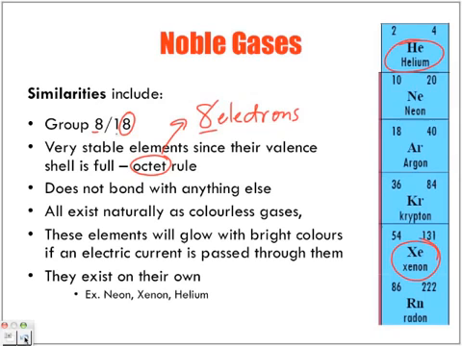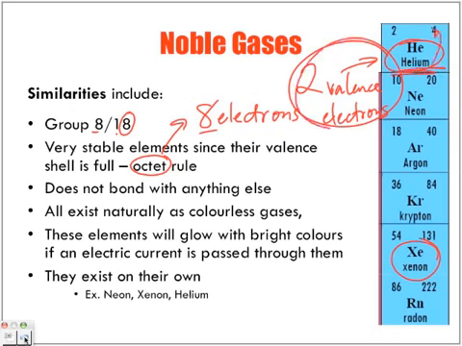With the exception of helium. Helium is the only one whose number of valence electrons is 2 valence electrons. Okay, so please remember that this one is the only exception to that rule.